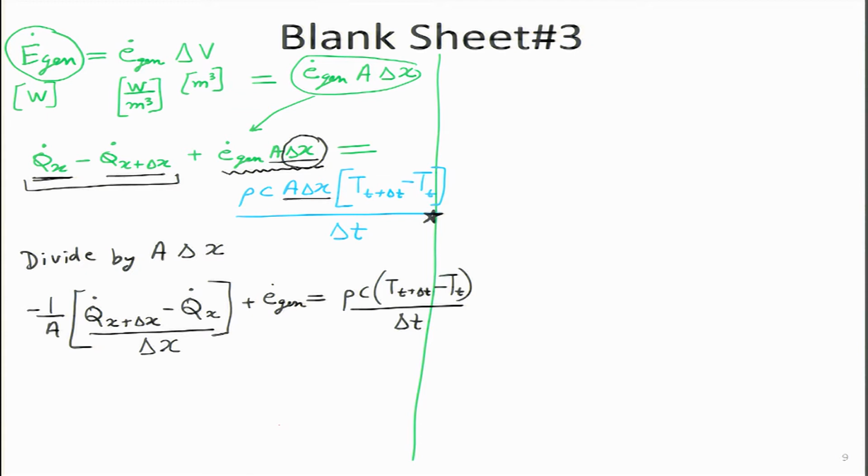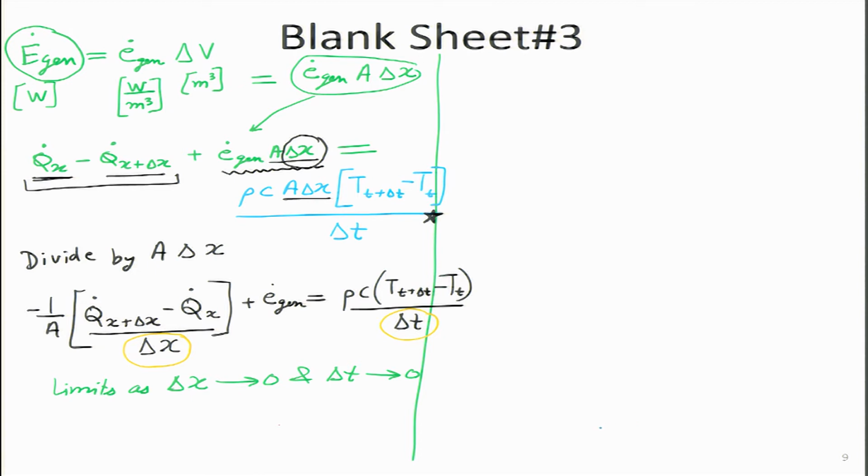Now, if you remember from our mathematics, if we start taking limits, what is going to happen to these two parameters, delta x and delta t? Let me take limits as delta x tends to 0 and delta t tends to 0. From our introductory mathematics knowledge, it turns into a differential operator.